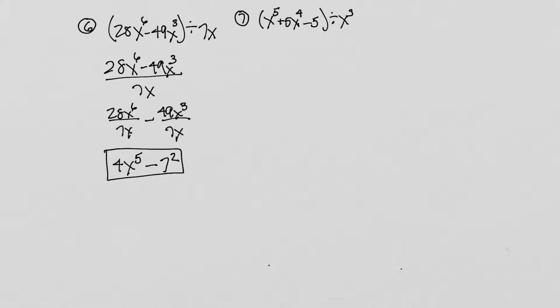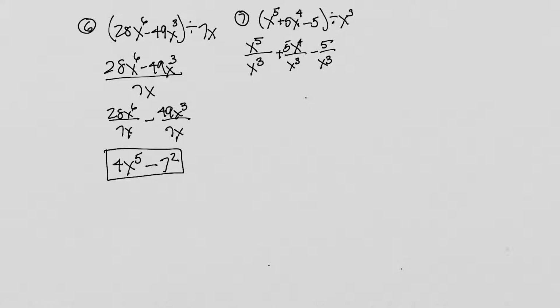Number 7, let's write it as a fraction again. How about x to the 5 over x cubed plus 5x to the 4 over x cubed minus 5 over x cubed.